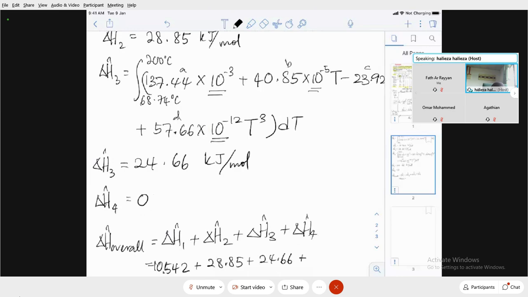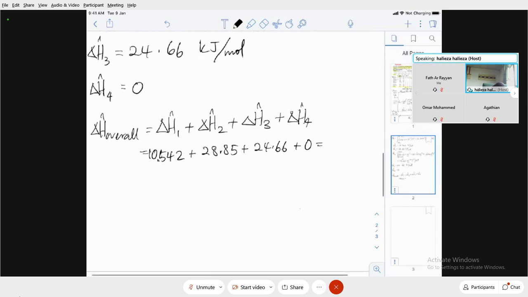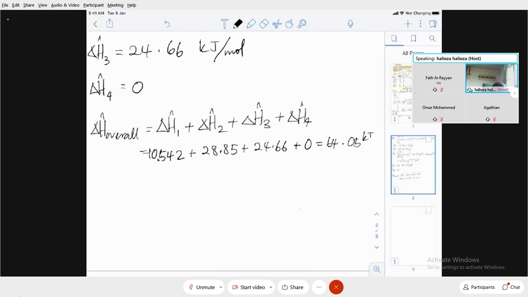Final step 0. So if you total it up, what will you get? When I did it, I get 64.05 kilojoules per mole. Did you get the same answer, guys? Total it up, please. Yes, I got 64.05.